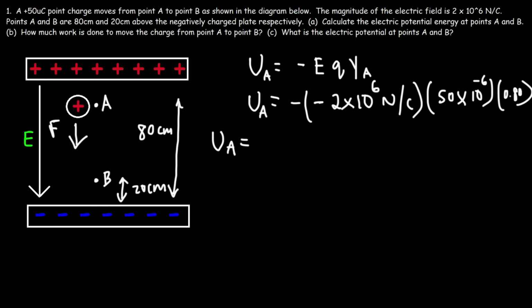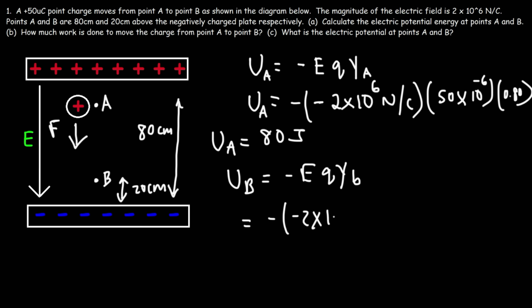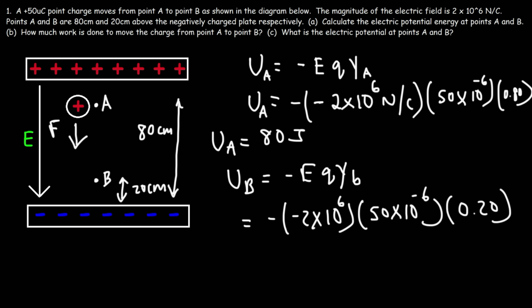So the electric potential energy at point A is going to be 80 joules. Now let's calculate it at point B. So it's going to be negative times negative 2 times 10 to the 6, and then 50 times 10 to the negative 6, but this time times 0.20.